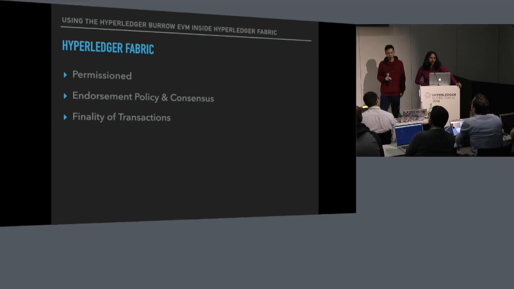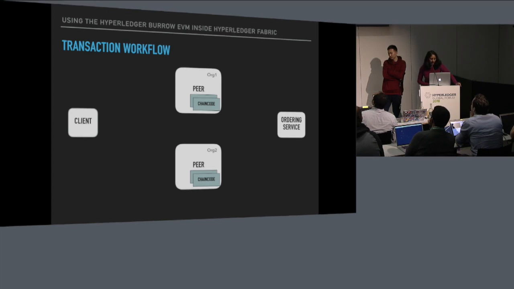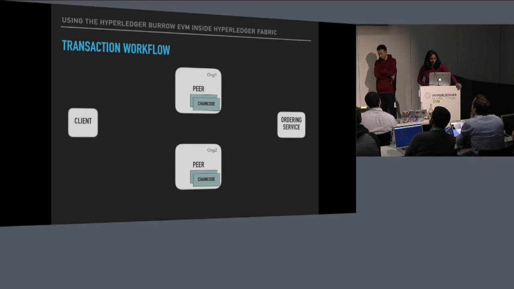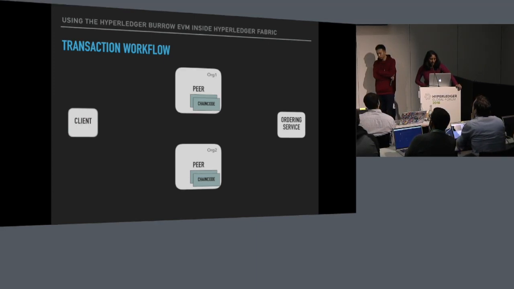You'll start noticing that these slides look similar to what we already have in the workshop. Basically, permissioned, endorsement policy, finality, we talked about that. I take that diagram that is in there, and this is a little more animated to explain, and this might help some of the confusion about the Ethereum to Fabric transfer. So this transaction flow is not changing. You're going to have a user client.